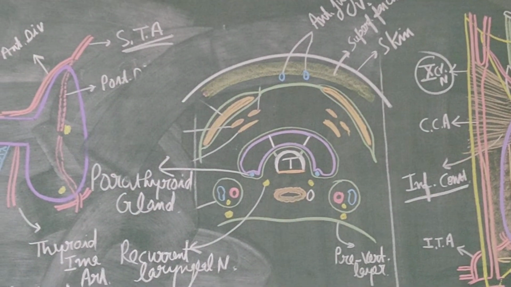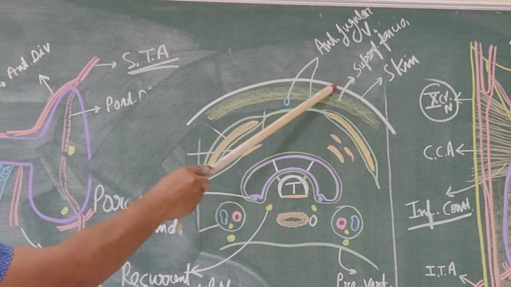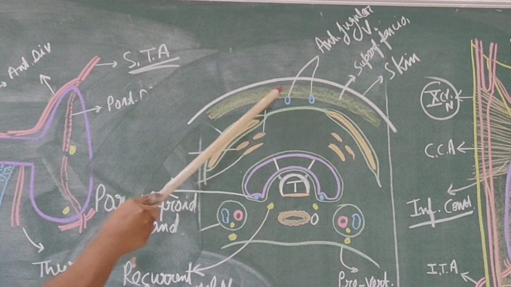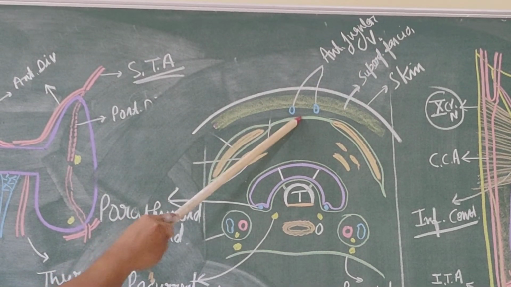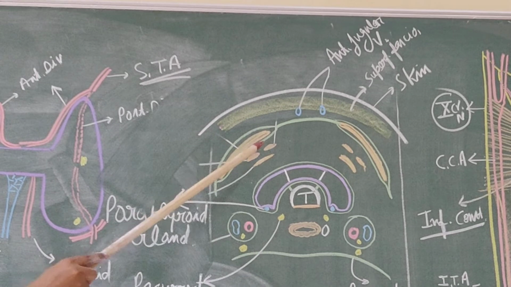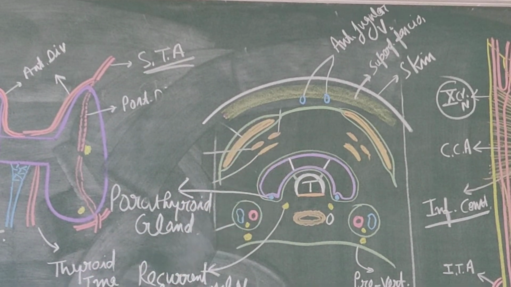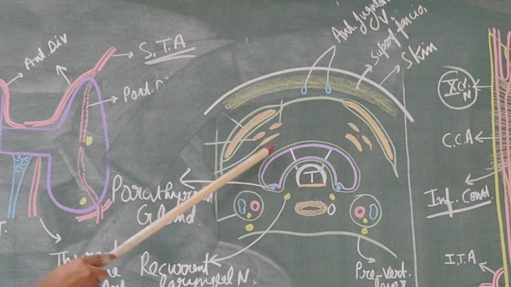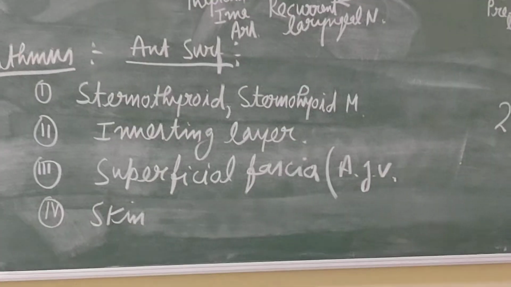So the anterior surface from superficial to deep is related with the skin, superficial fascia containing the anterior jugular vein, the investing layer of the deep cervical fascia, then the sternothyroid and sternohyoid muscles, and then the pretracheal fascia. This is the anterior relation of the isthmus.